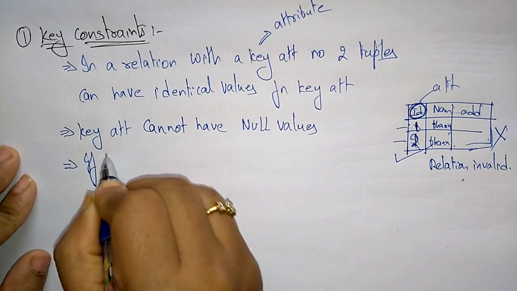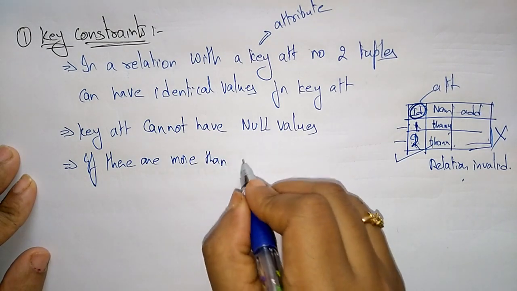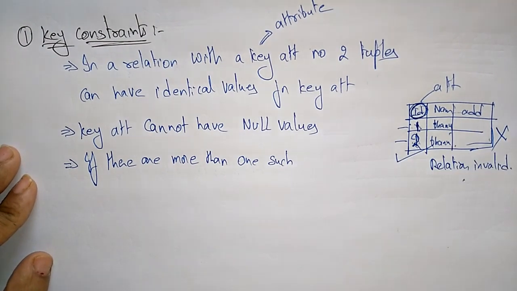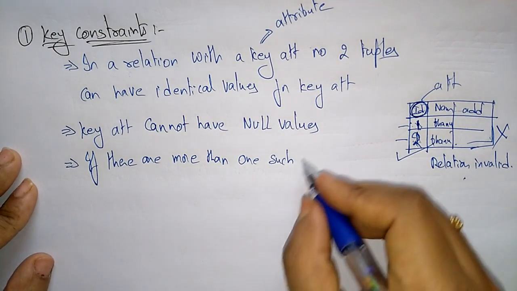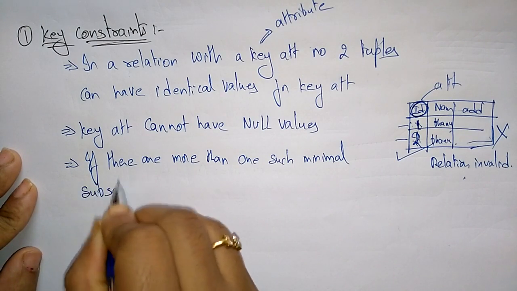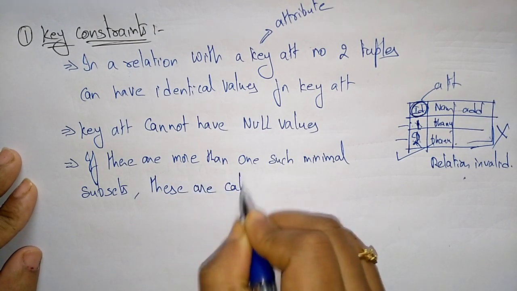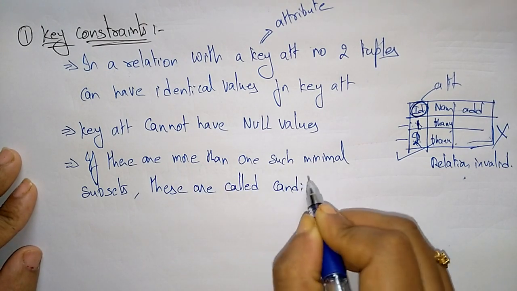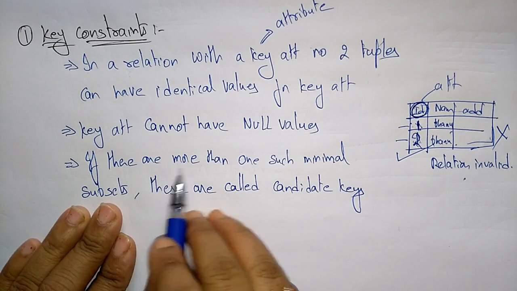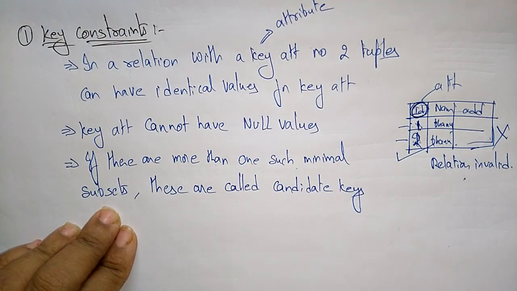And next, if there is more than one such minimal subset, these are called candidate keys. This concept I'll explain when I'm discussing the keys, so don't be confused here. If we are having more than one such minimal subset, you call it a candidate key.